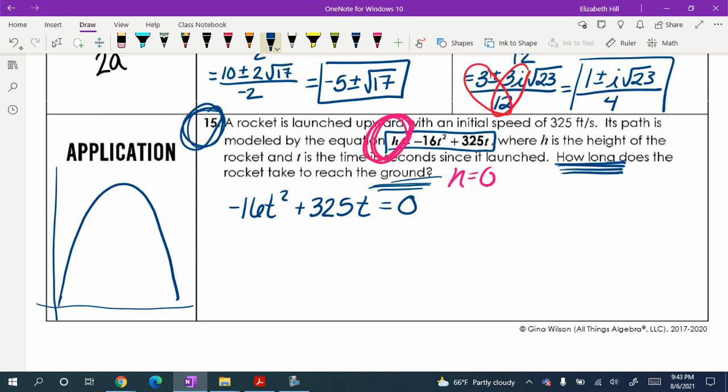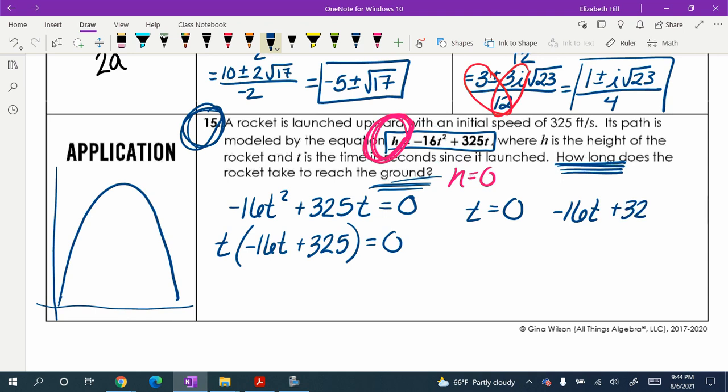Now, in this situation, I am going to go ahead and do some factoring just because that's my fastest and easiest way of doing this, because we can take out a t. All right, take out a t and you're left with negative 16t plus 325, and this equals 0. So now we've got, all right, t equals 0. We also have negative 16t plus 325 equals 0. And now we solve.